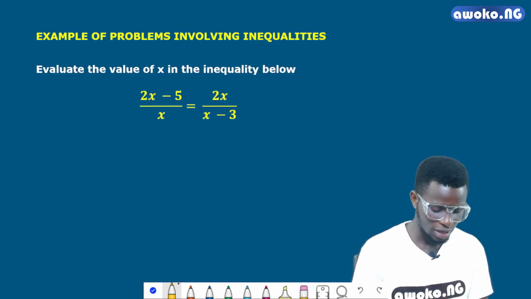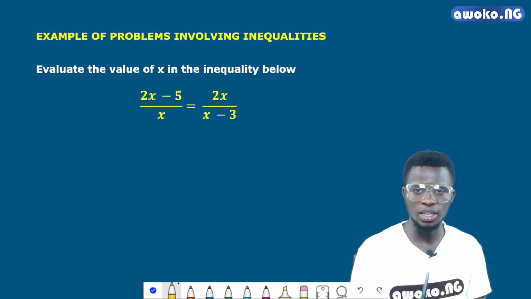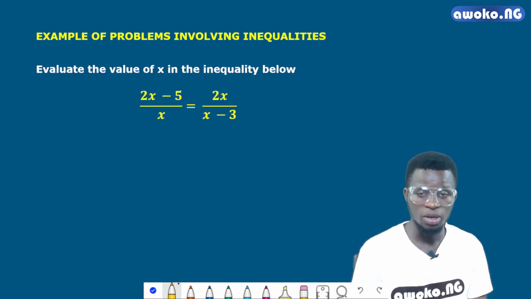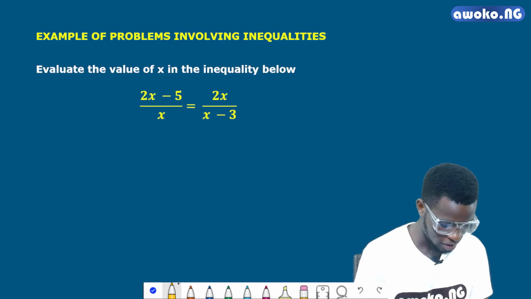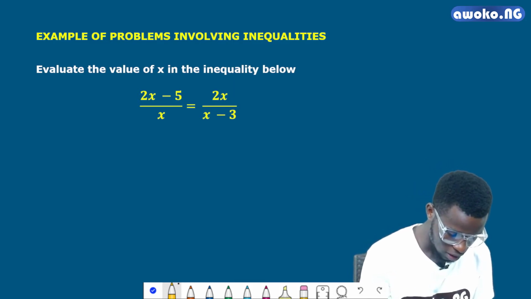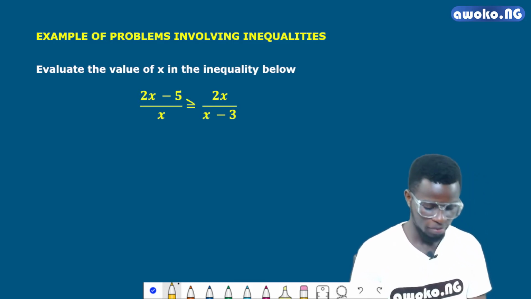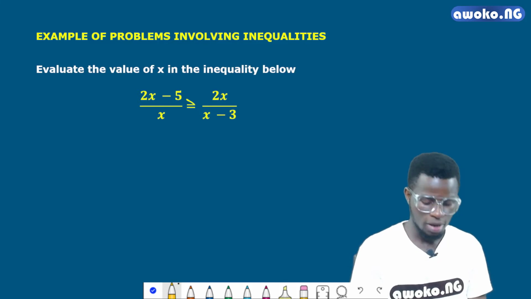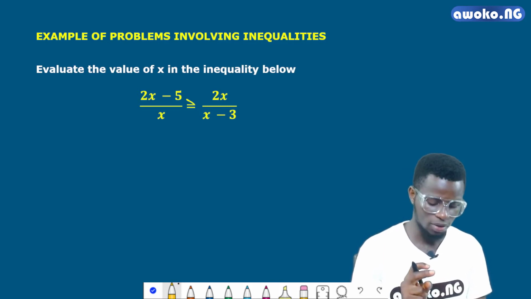Now let us check another example. The problem states, evaluate the value of x in the inequality below. This is a fractional problem, but let us make this an inequality problem. So this is what we have: 2x minus 5 over x is greater than or equal to 2x over x minus 3.